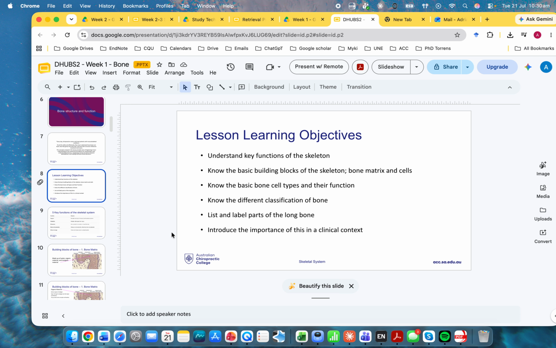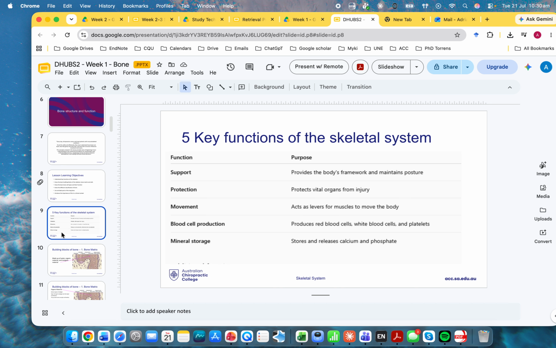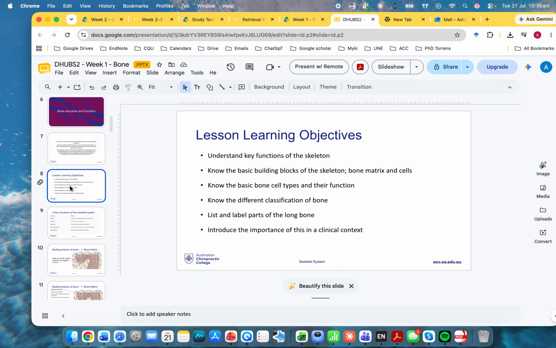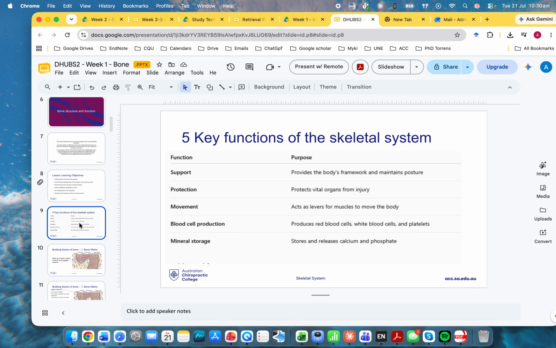For example, the very first one here is understand the key functions of the skeleton. And in one slide, it's listed there: support, protection, movement, blood cell production, and mineral storage. So it's done, right? So that very first learning objective for that lesson is covered literally in one slide.